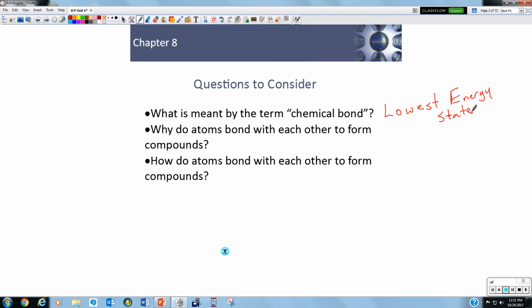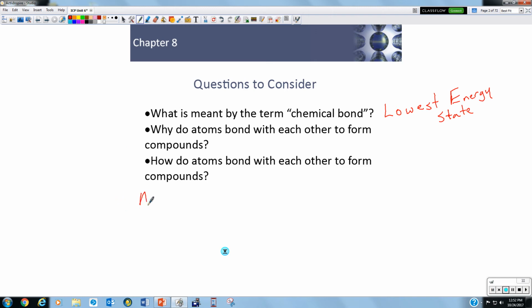And they're going to do this in a couple of different ways. They're either going to do this by exchanging electrons, or by sharing electrons equally or sharing them unequally. So ultimately, bonding is just a way that elements reach a lower energy state.